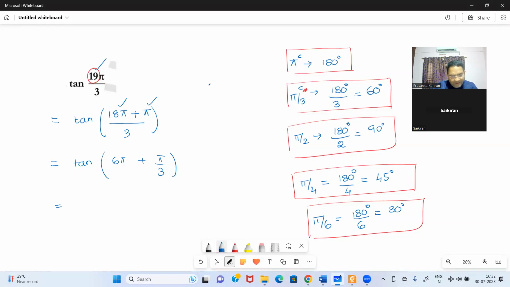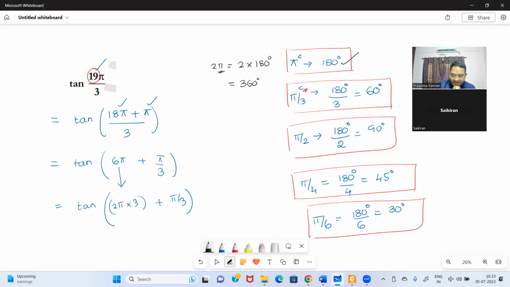Now tell me one thing. 6 pi is nothing but 2 pi into 3. Correct or not? Now tell me, Sai Kiran. Pi is 180 degrees, so what is 2 pi? 2 into 180, sir.